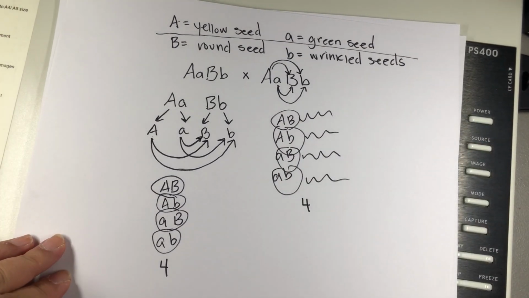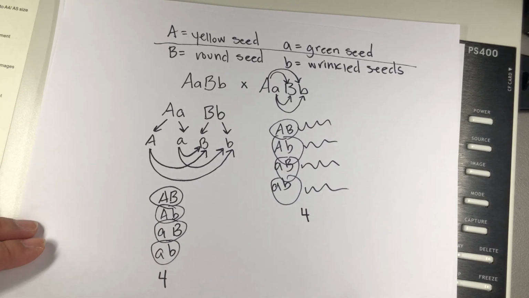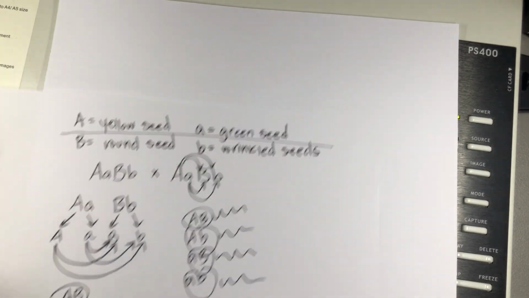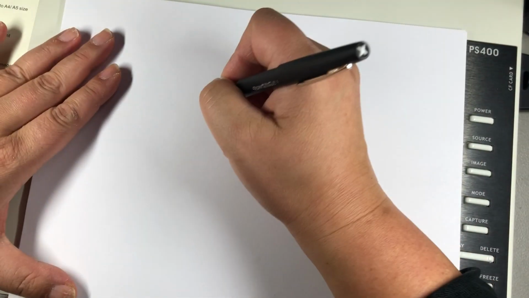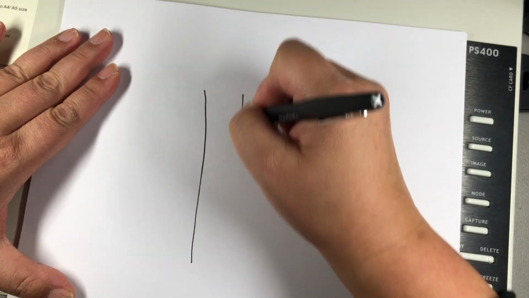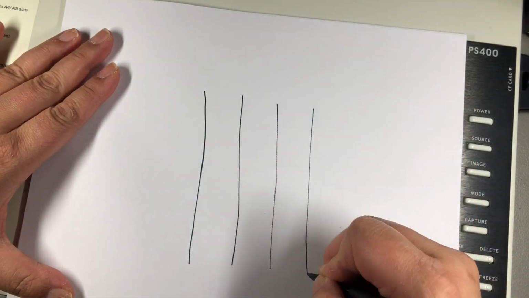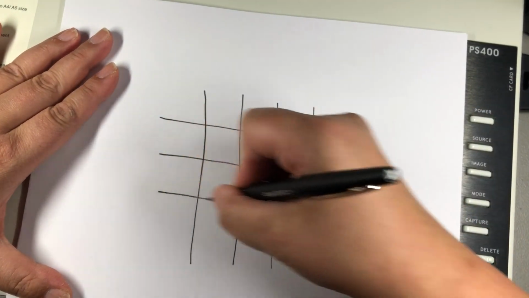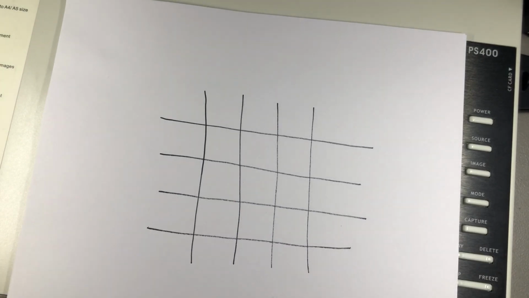So what you're going to do now is make a giant Punnett square that's 4 by 4. Draw 1, 2, 3, 4 by 1, 2, 3, 4. Make sure it overlaps, so that when you're done it looks like a big tic-tac-toe table.